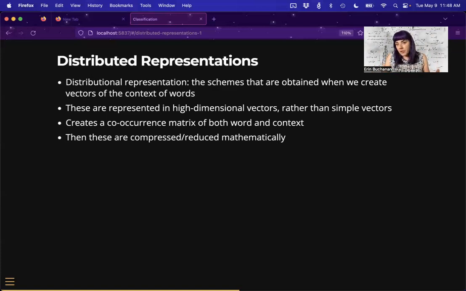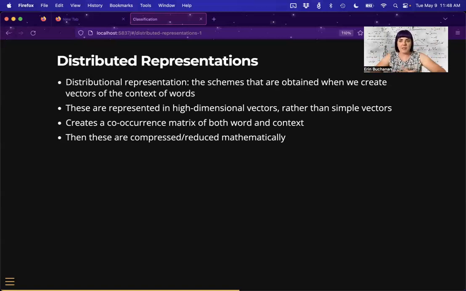In a distributional system, we're actually compressing the words, usually, into dimensionality. So what we end up with is a document by dimensions matrix. You can also get the words by dimensions matrix. How much does each word represent each dimension? And how much does each document represent each dimension? So it's compressed, reduced mathematically from all of these contexts to these types of matrices.